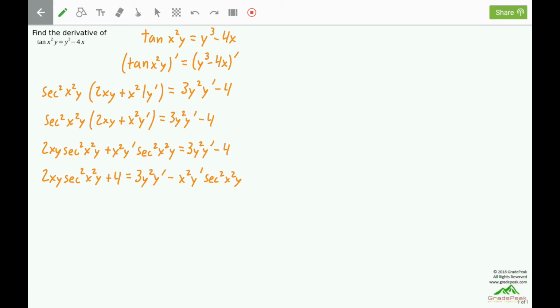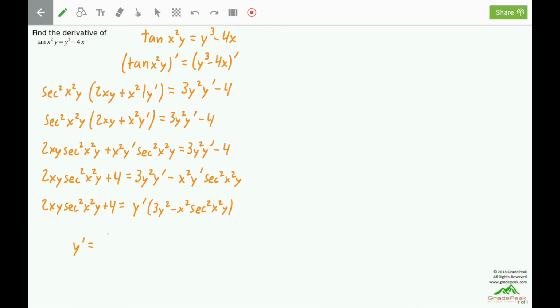We can now factor y prime out on the right, so we will leave the left side alone. And we can factor the y prime on the right, taking the y prime away from each term. And now to solve for y prime, we divide both sides by what's inside the parentheses on the right.